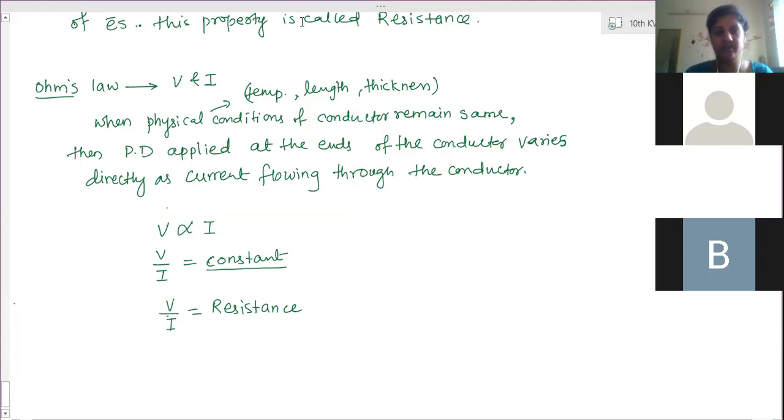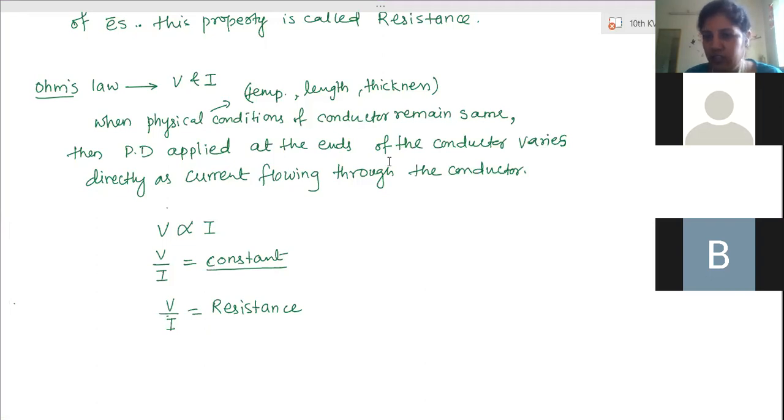Just a second. So write down this. This statement you have to remember as it is.